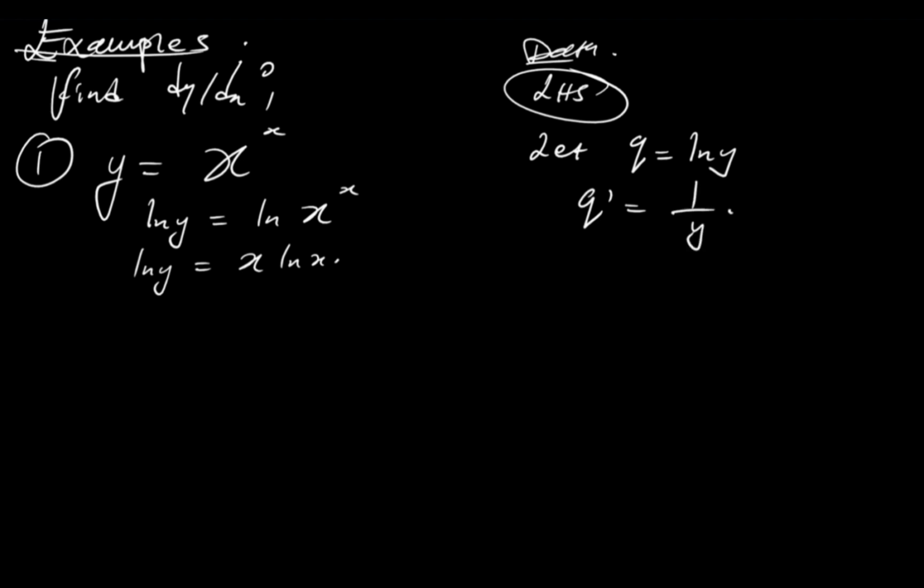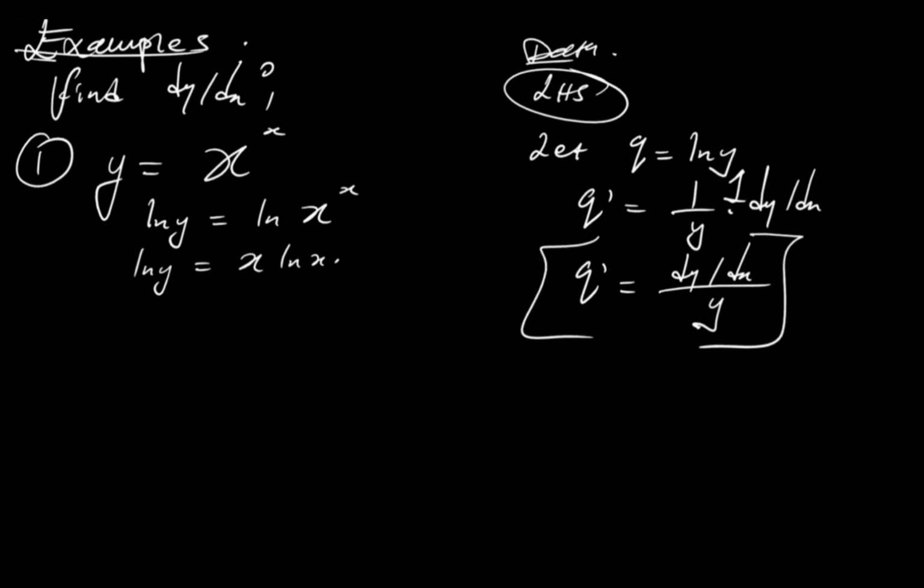If you differentiate y, you get a 1, but implicitly you get dy over dx attached. To be precise, for the sake of explanation, I'll put the 1. Simplified, you just get dy over dx over y. And that's the value of q prime.